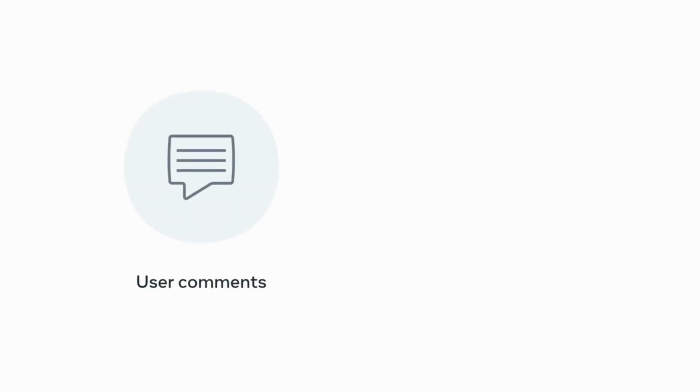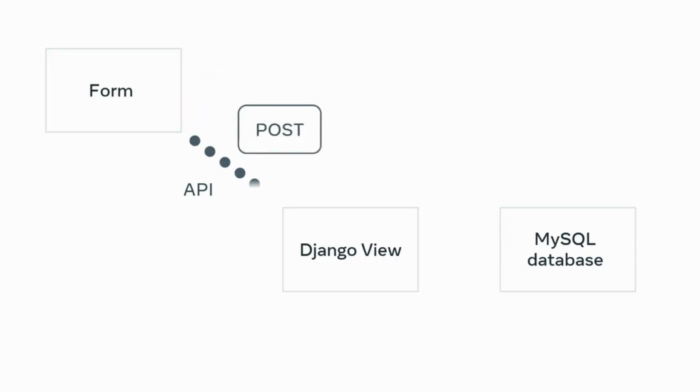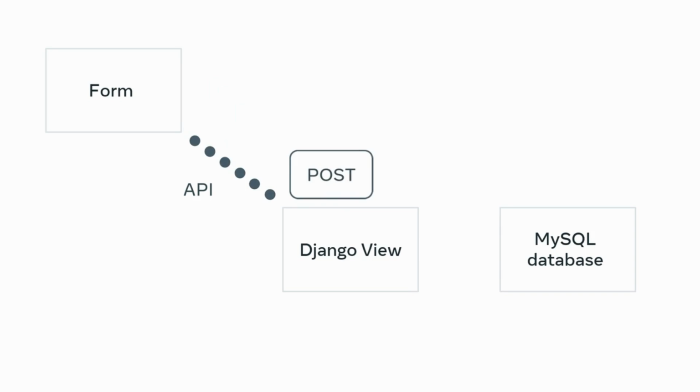By now you should know that the comments users add on websites are effectively done using a form. So this example will walk you through the steps to create a comment section for the Little Lemon food blog following the server-first approach. Let's briefly outline what the process will involve. The form will be updated by an API endpoint, which uses a post method to send a request to the Django view.